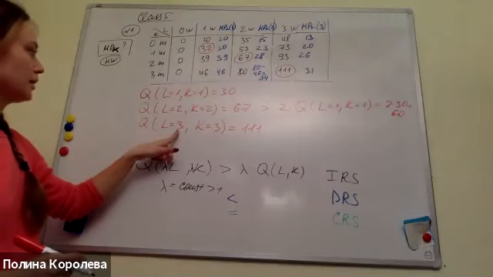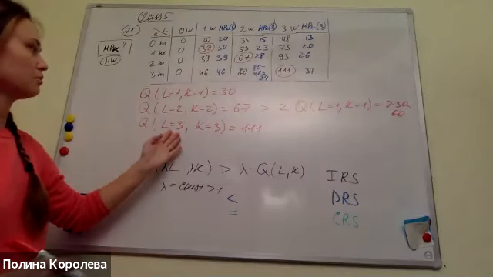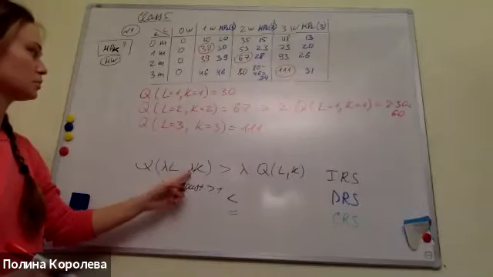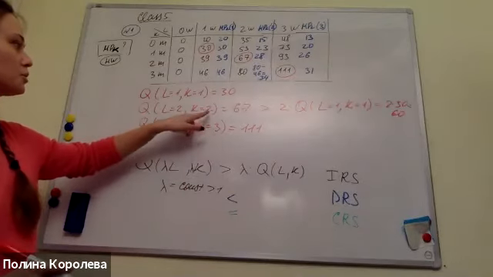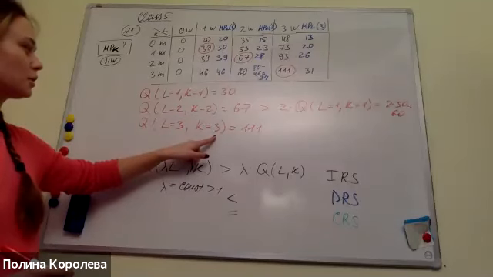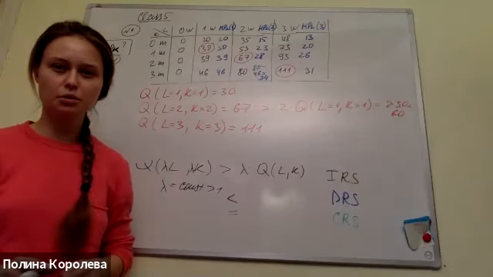Yeah, so we should compare with 67 maybe. But what we did, we multiplied labor and capital by 3. So lambda will be equal to 3. If you compare with 2, lambda will be equal to how much? 3 over 2. Yes.